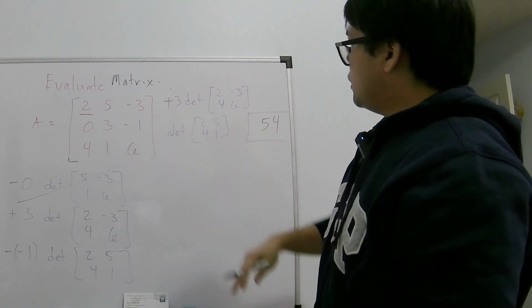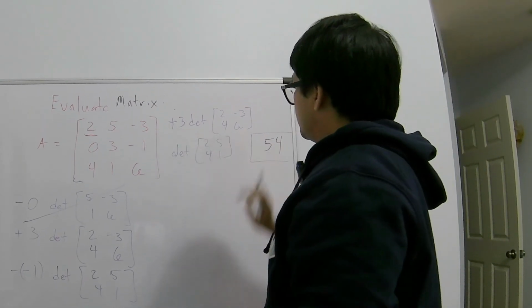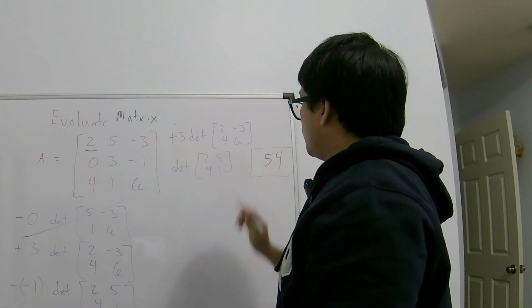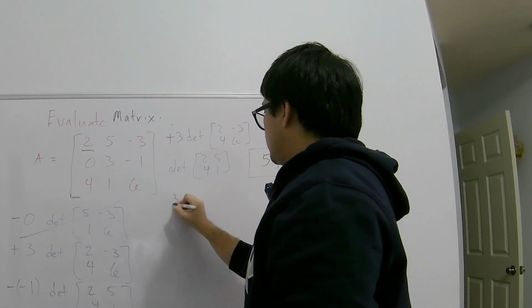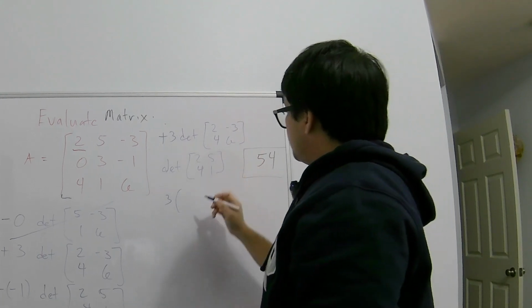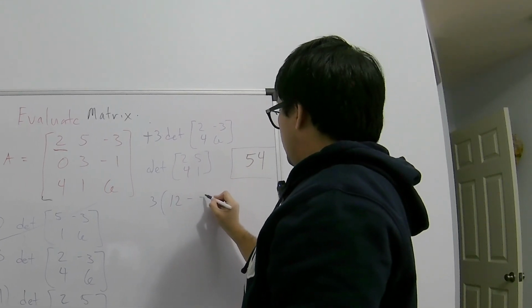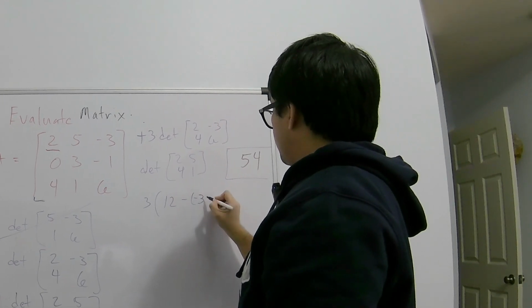So we're going to add these together. Look at this expression first. So the determinant of this is what? That says 6 times 2 is 12 minus 4 times -3.